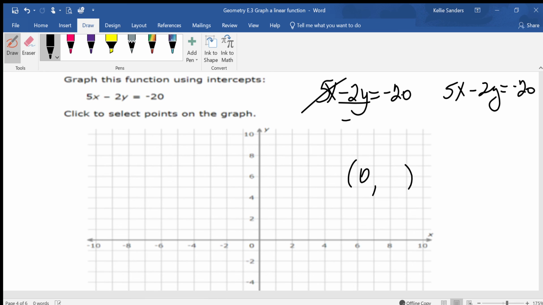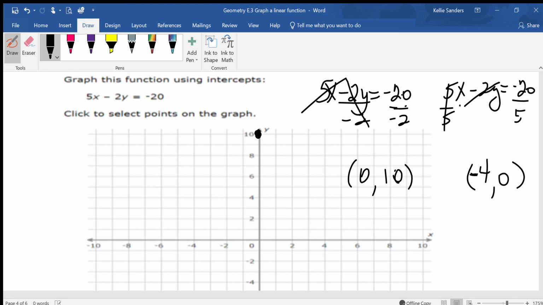So I'm left with dividing by negative 2. That goes away. And what's negative 20 divided by negative 2? Positive 10. See, it's so much faster. And if I put 0 in for y, that goes away. And I divide by 5. And that goes away. And negative 20 divided by 5 is negative 4. 0, 10 is right there. Negative 4, 0 is right there. And there's your line.